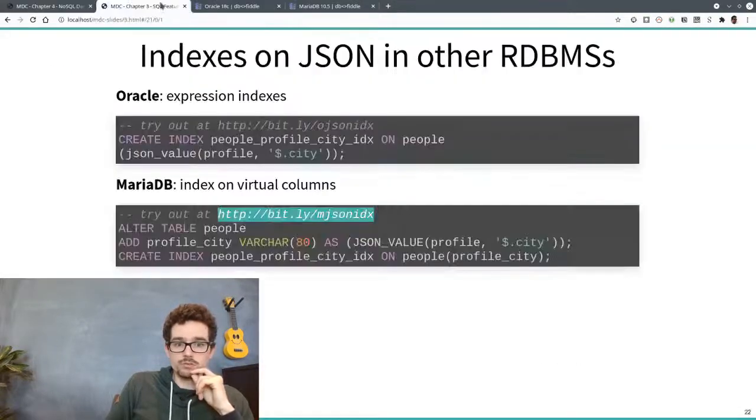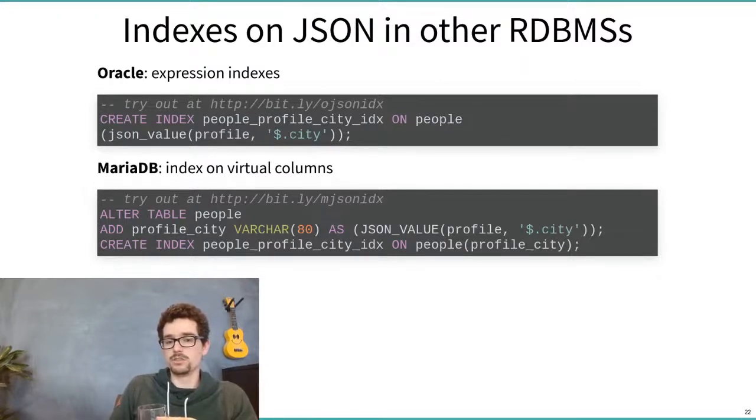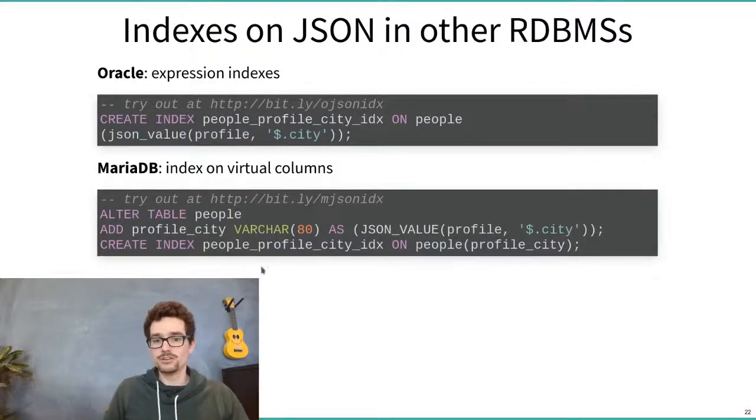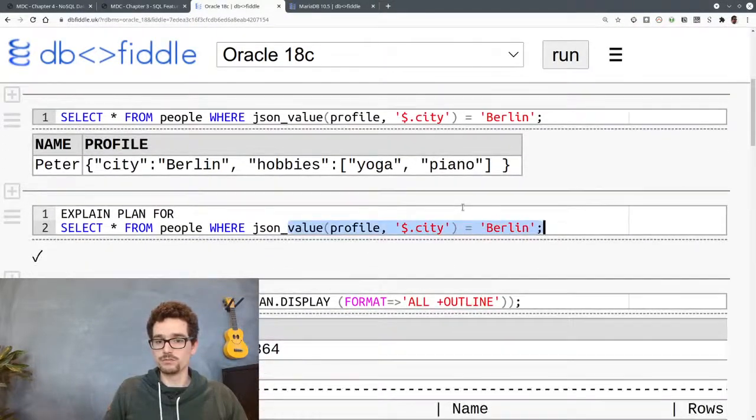So it computes the expression behind that column at runtime. And even if this is virtual, MariaDB supports indexes on these virtual columns. So create index on people profile city. This is not a normal column, this is a virtual column, but MariaDB implemented it in a quite new version so that indexes are supported there. But then you need to write your query, not like here in Oracle where we said, give me the JSON value, blah, blah, blah.